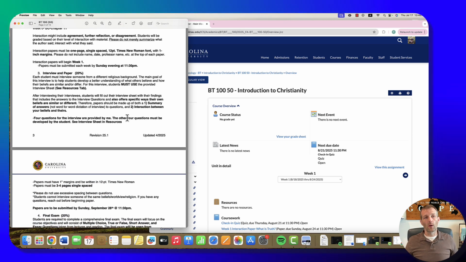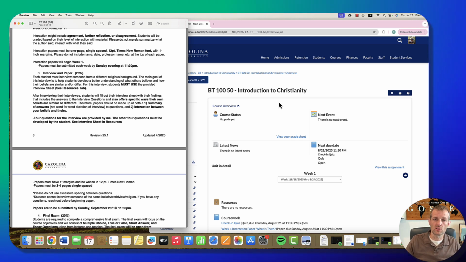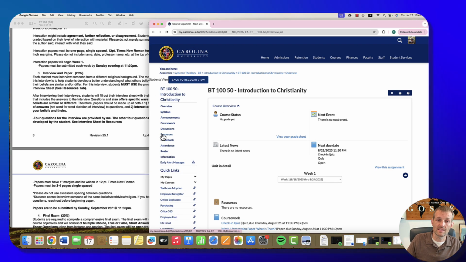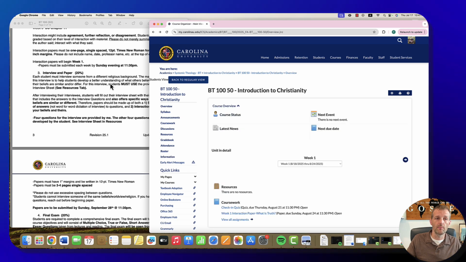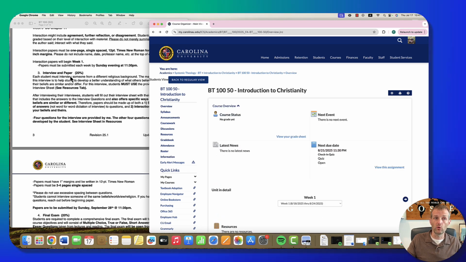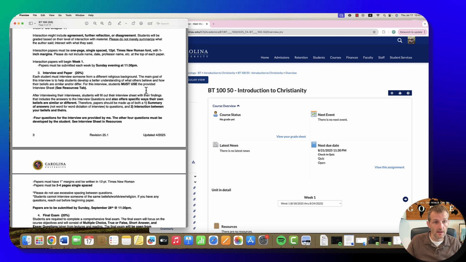Now, your main writing assignment is not a research paper for this class because of the type of class this is. So, in your resources tab, if you look over here, you're going to have resources. I've got to go get this set up. But in your resources tab, you are going to have a blank interview sheet that you are going to use.